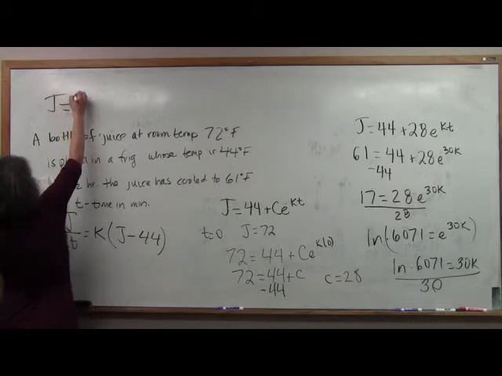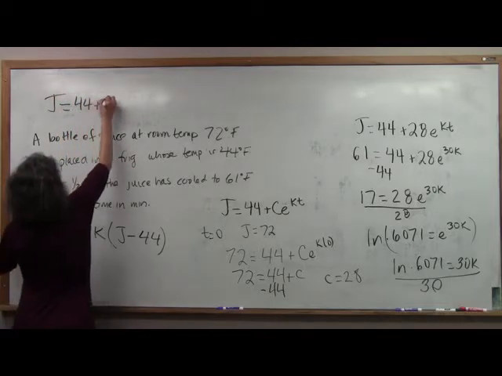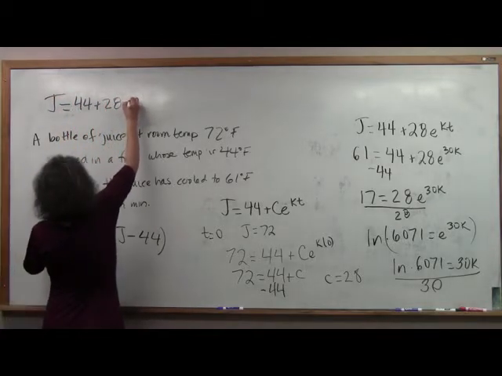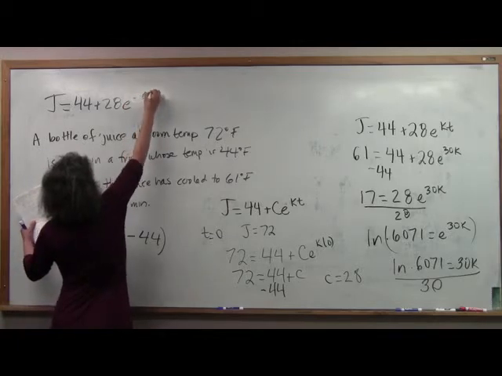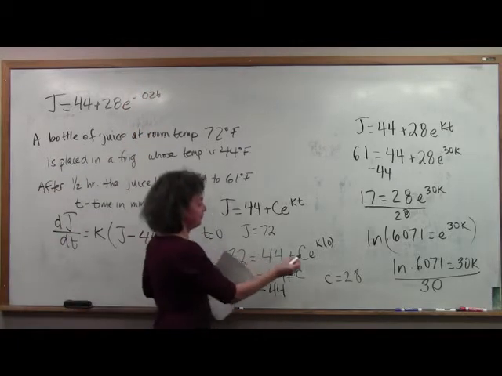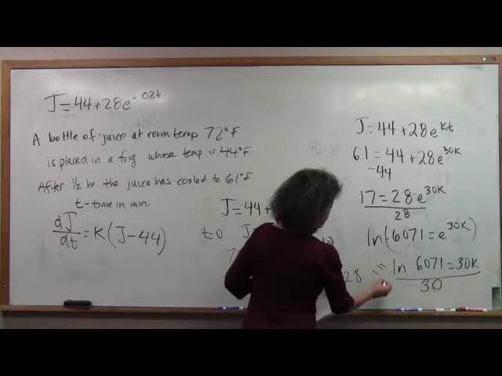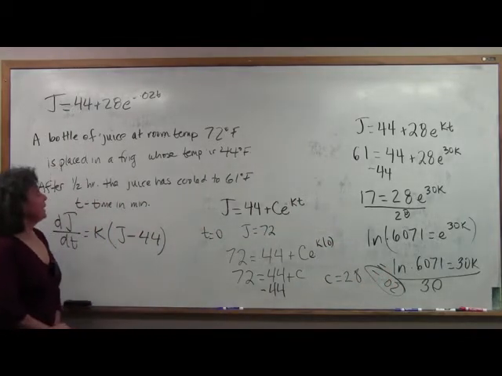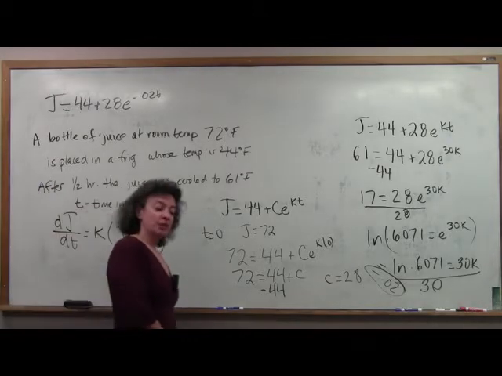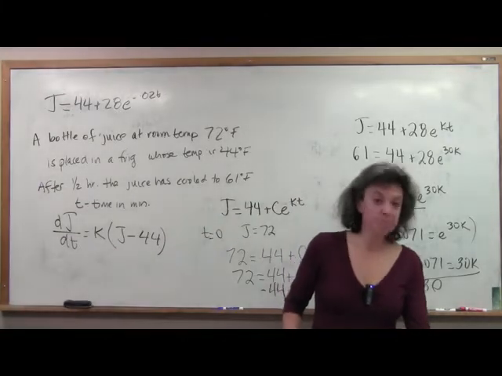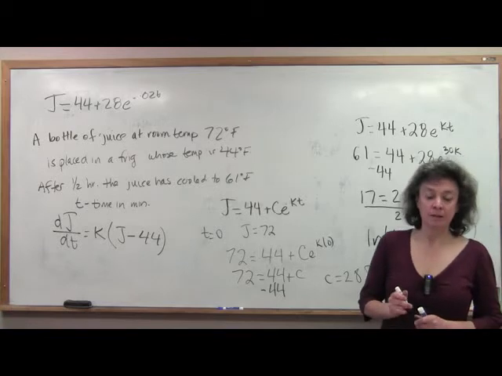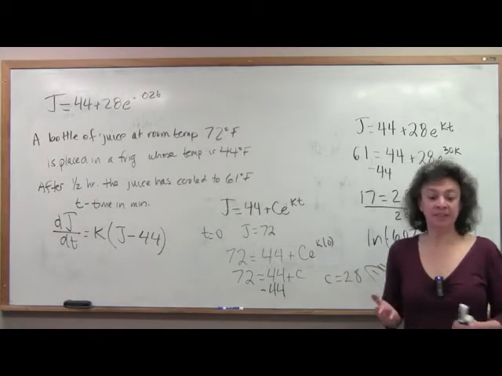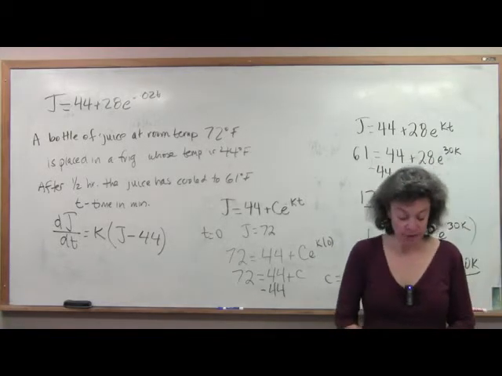So my juice is 44 plus 28 e to the negative 0.02t. Does it make sense that our value of k was negative? Absolutely. It makes sense precisely because this juice is presumably cooling off.